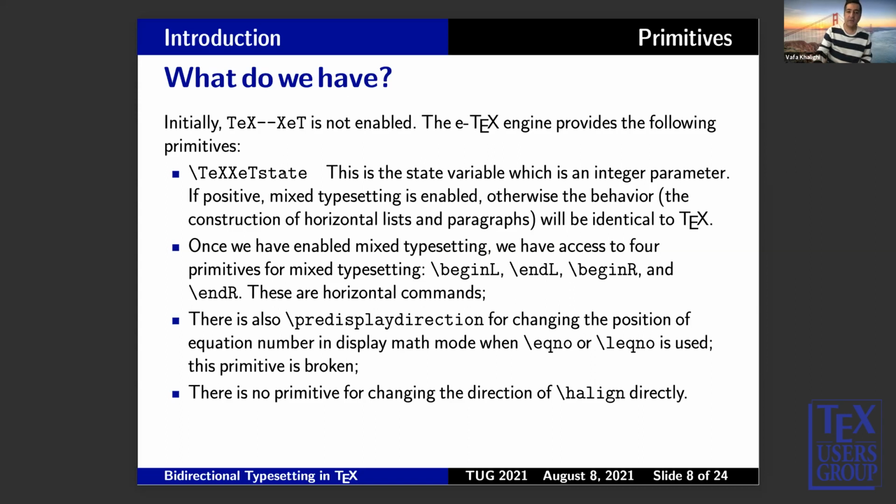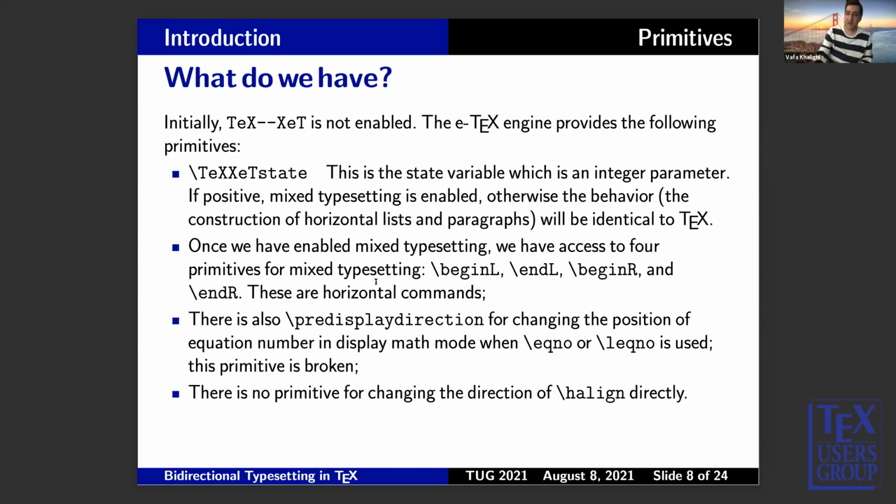If you don't give a positive integer to TeXXeTstate, the primitives beginL, endL, beginR, endR are not available. Once we have enabled mixed typesetting, we have access to four primitives for mixed typesetting: beginL, endL, beginR, and endR.